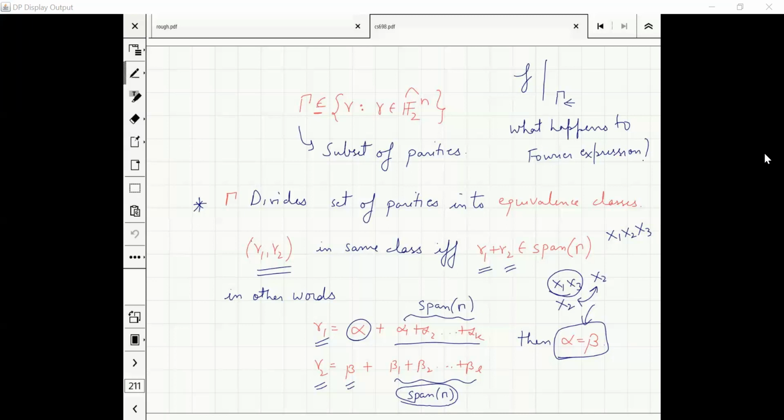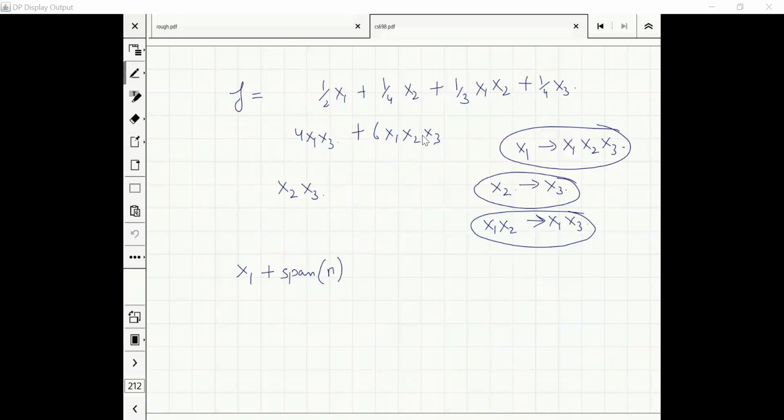But you can keep it in such a way so that all these alpha, beta, gamma 3 are also in the same thing. All these come out to be the same. So that will be the new coefficient, new parity, which will be there in the restricted function. Other way to say it is that in the restricted function, x1 will be merged with x1, x2, x3.